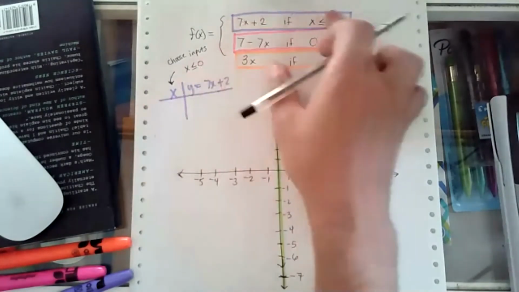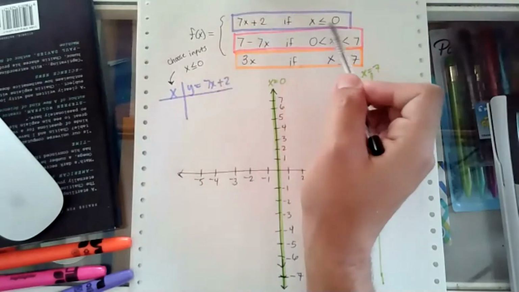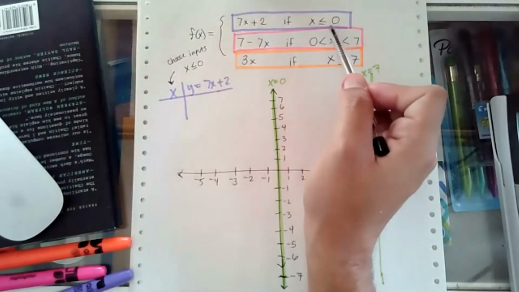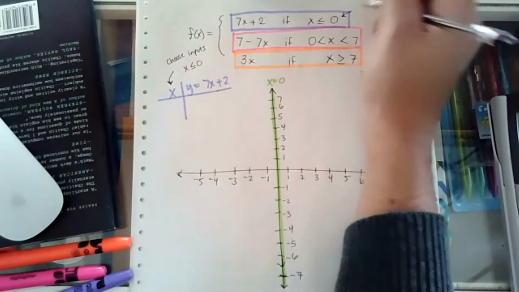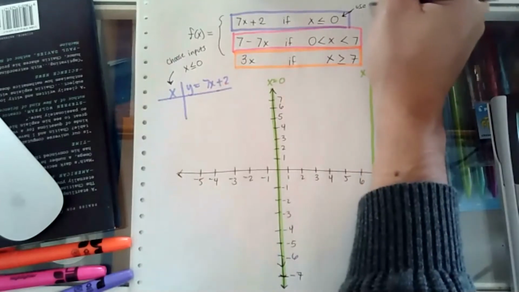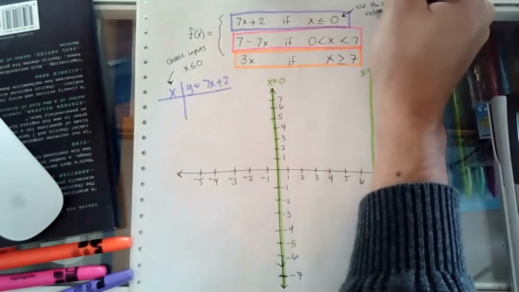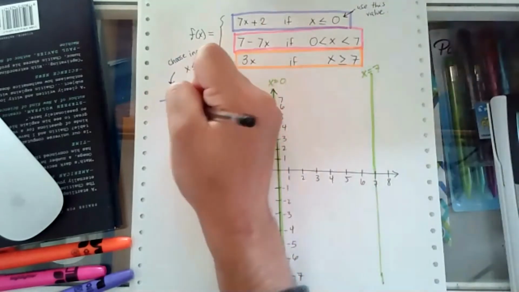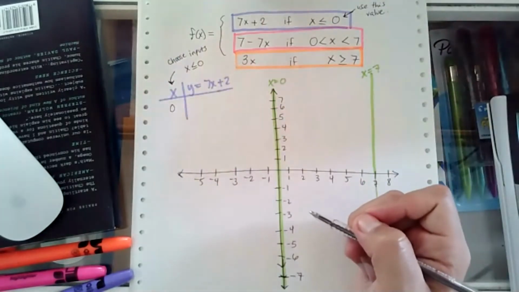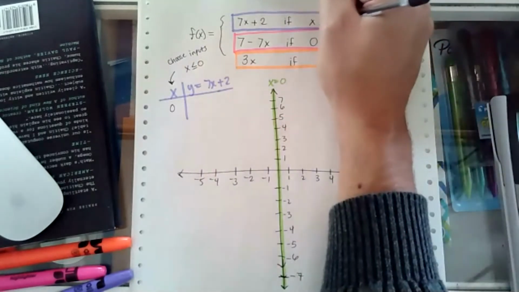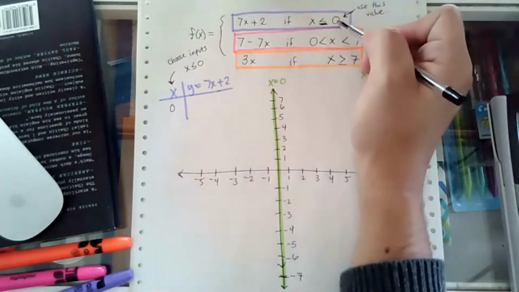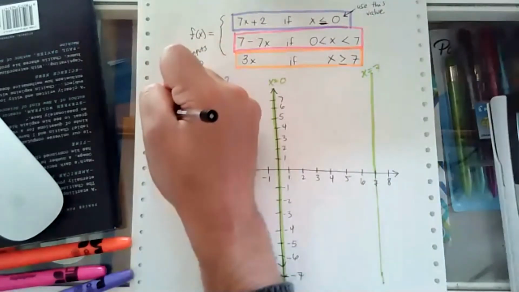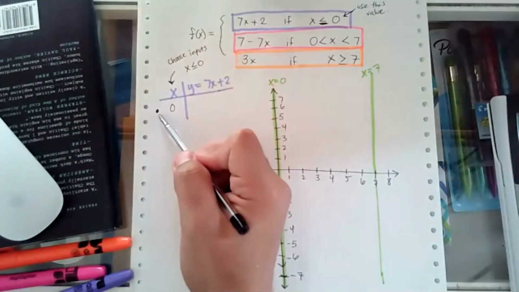So for the first part of the function, we're just going to choose values that are less than or equal to 0. So what I would say is always use this value here. So I'm going to start with 0. And because we have less than or equal to, we're going to use a closed circle when I plot this.